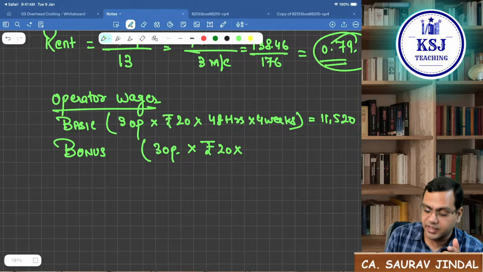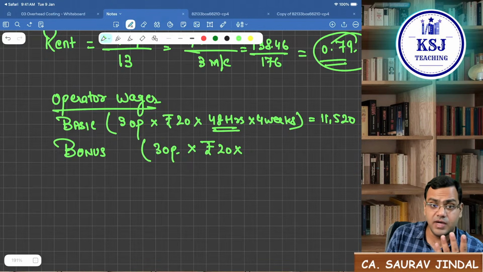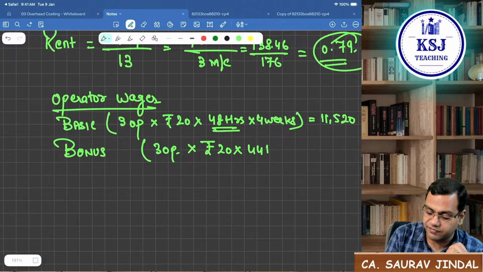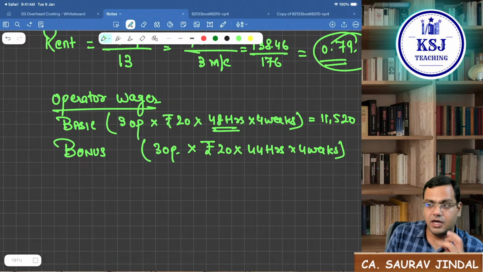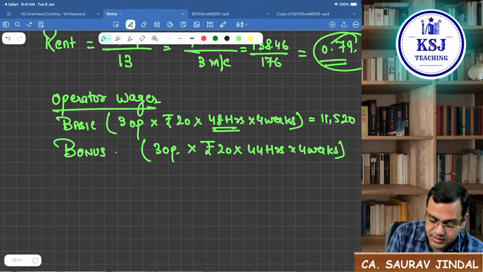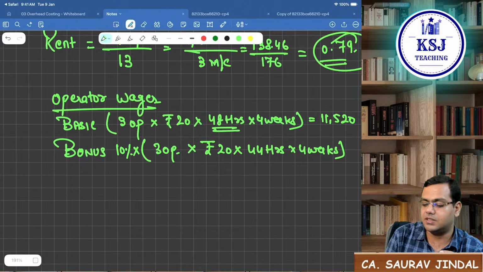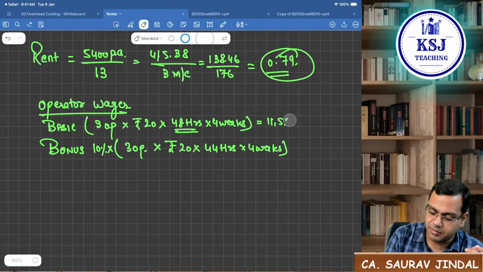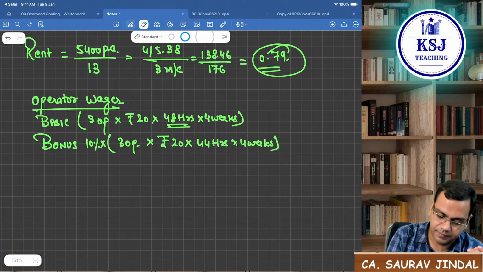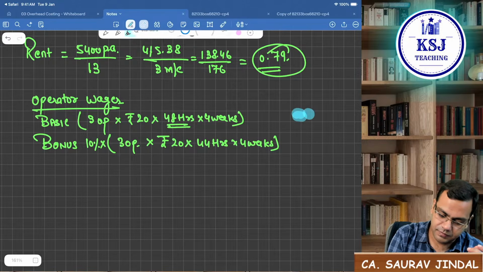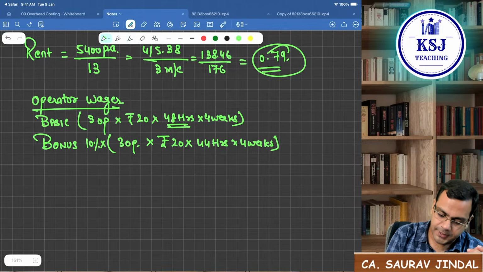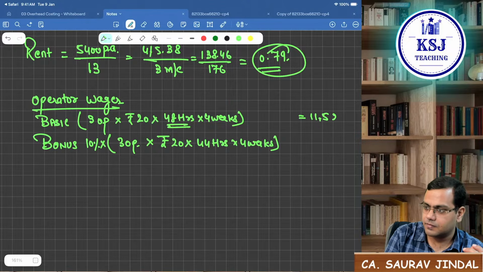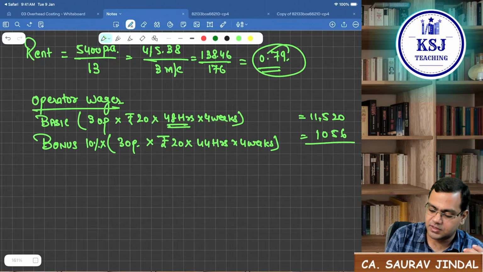So what is your productive time? Out of 48 hours, 4 hours is the setup time. So your productive time is 44 hours per week into 4 weeks. Right? Now, is this the bonus? No, sir. The bonus is 10% of this amount. So this comes to 1056.